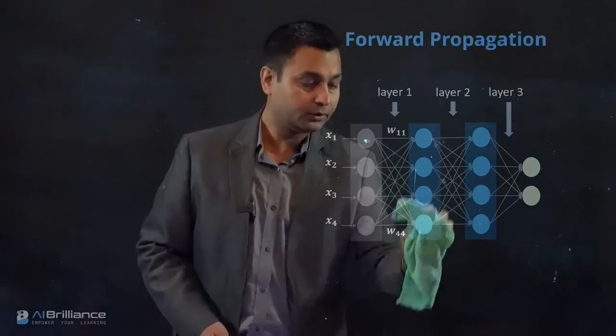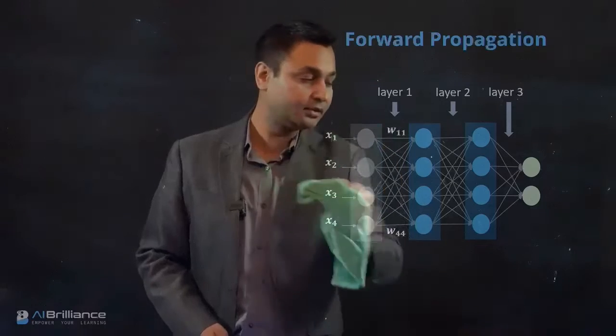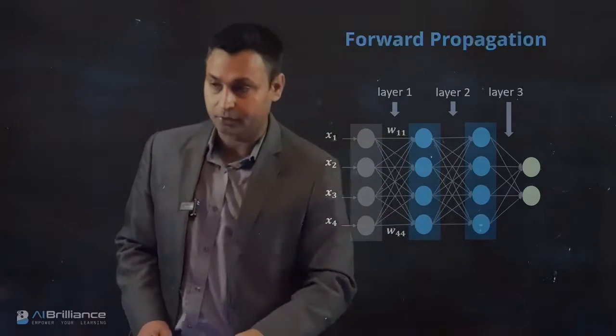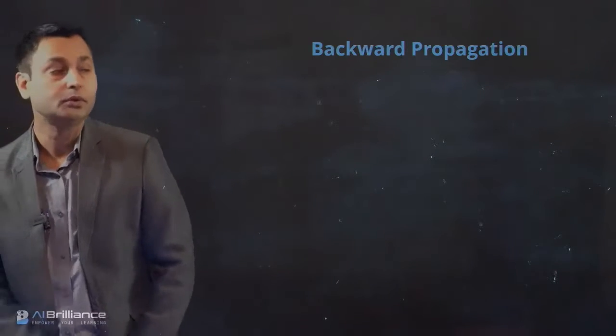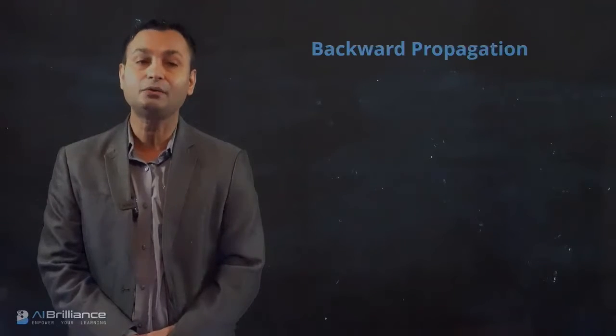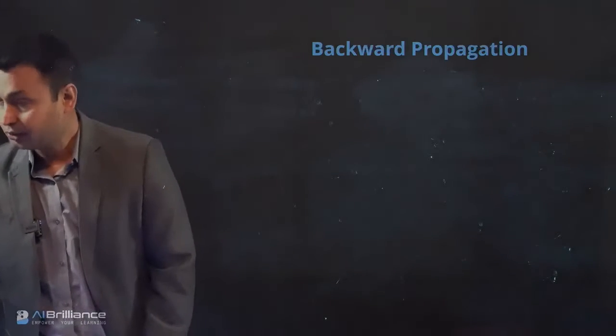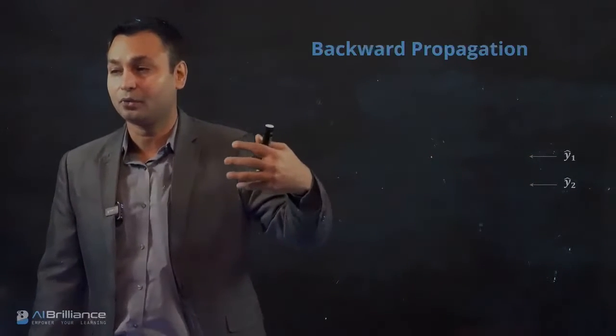So this is step one of the three main steps involved in the neural network computation. After this, you will do the output prediction. So let's come to step 2, the backward propagation step. Here, you will begin from the right and go backwards.